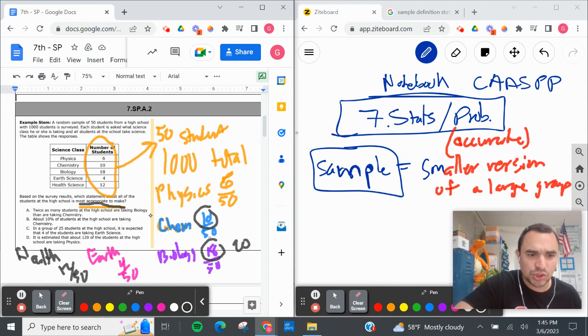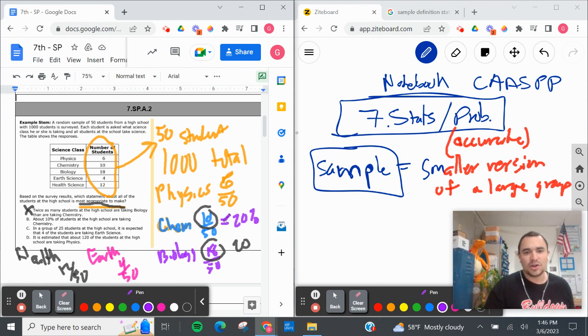So I don't think that's true. It's not true, but it's close. So maybe about 10% of the students at the high school are taking chemistry. Where's chemistry? So this is 10 out of 50, but that's not 10%. This right here is 20%. So that's not actually a good one to take either.